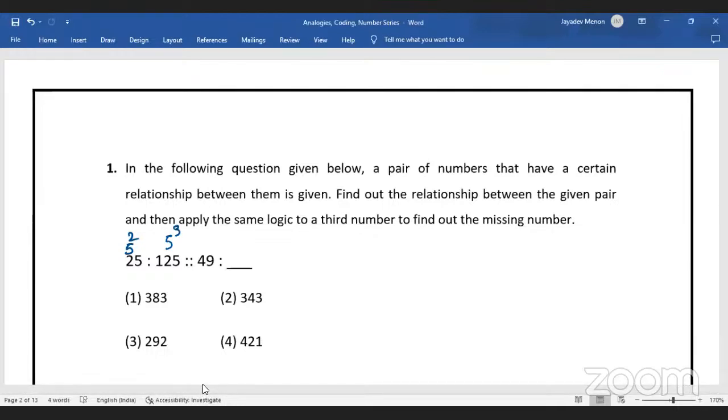So 5 square and 5 cube. This is the relation. Now in another pair, we have 49. 49 means it is 7 square. So the missing number will be 7 cube, 343. So option 2 is our answer. So this is analogy.